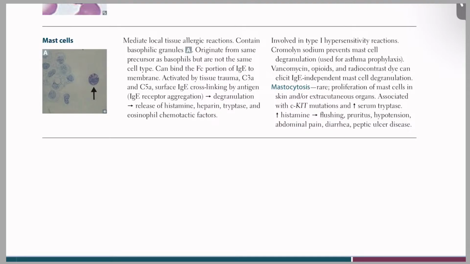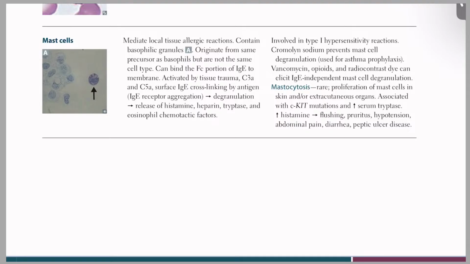IgE receptor aggregation leads to degranulation, leads to release of histamine, heparin, tryptase, and eosinophil chemotactic factors. Involved in type 1 hypersensitivity reactions.